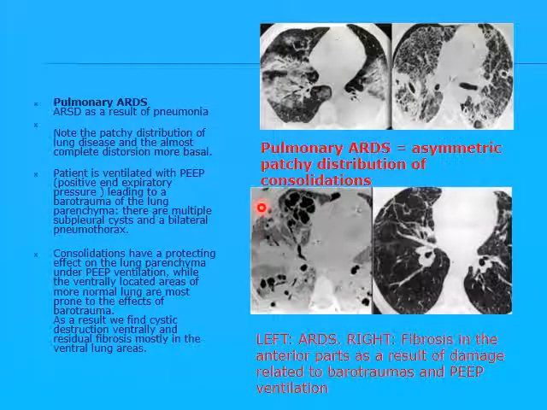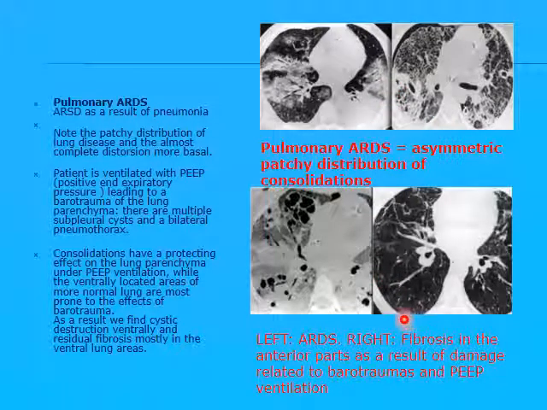But in pulmonary ARDS, or primary pulmonary ARDS, the affection of the lungs is not symmetrical bilateral because there is an initial injury of the lungs such as pneumonia or something like this, and it has the same characteristic appearance.